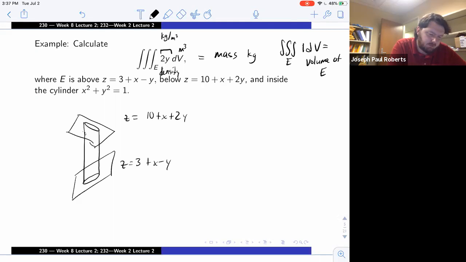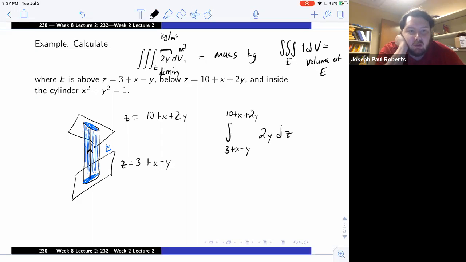So our solid region E would look something kind of like this, where our bottom surface is the one plane and the top surface is the other plane. And so our innermost z bounds are going to be 3 plus x minus y up to 10 plus x plus 2y.